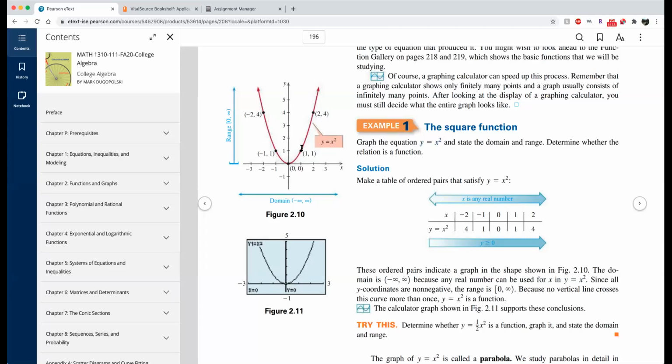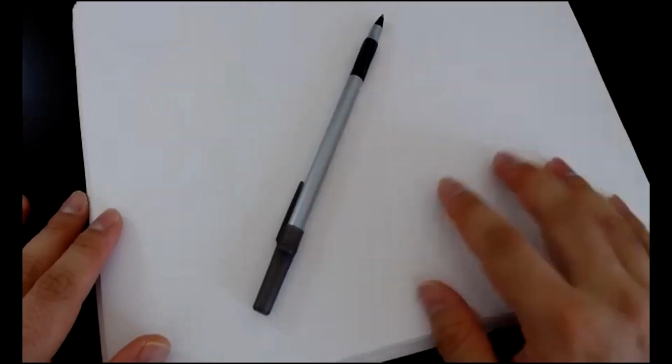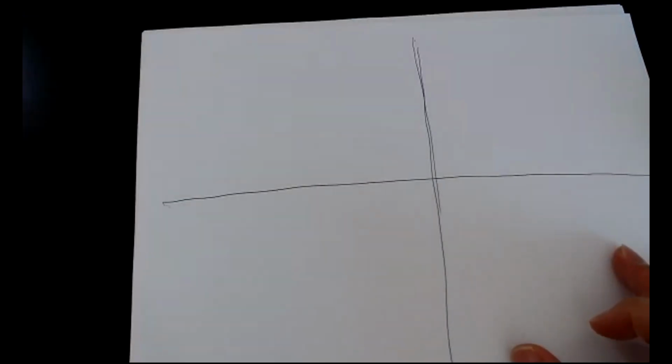Now let me compare the square function and the cubic function. y is equal to x squared.